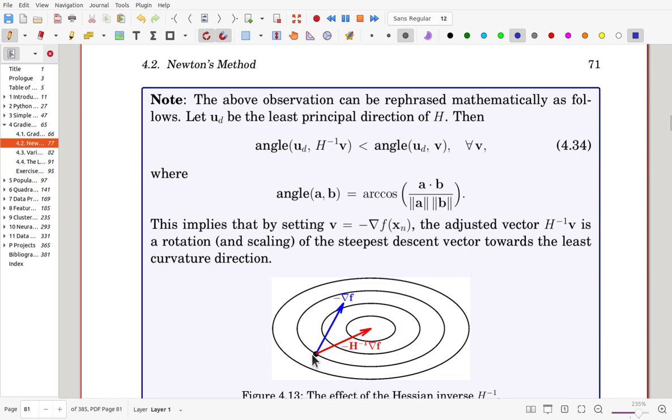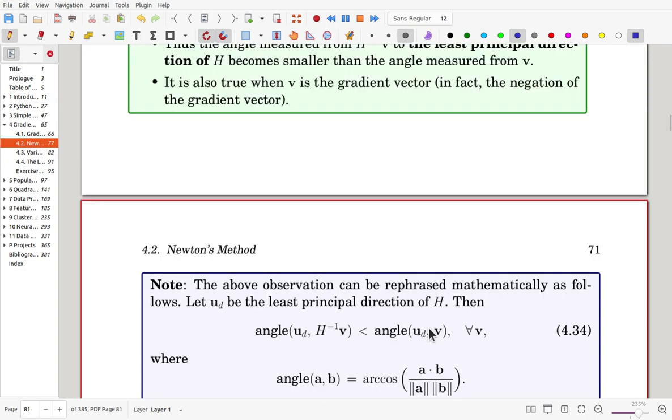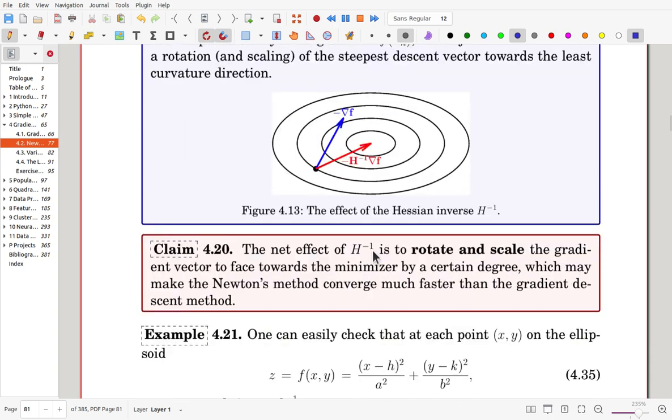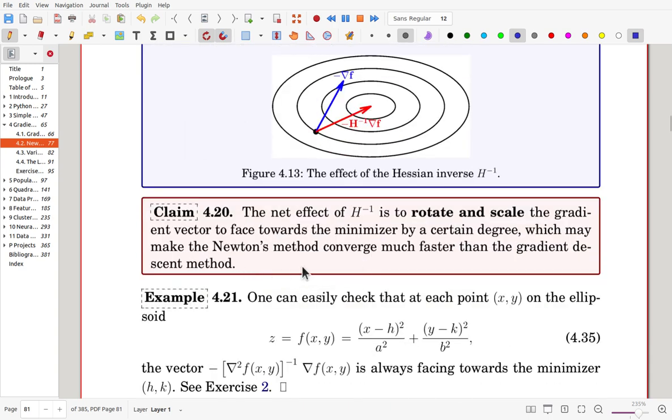Then it changes the direction toward the smaller principal direction, and in this case it is in fact pointing at the minimum point. We can summarize our observation here.